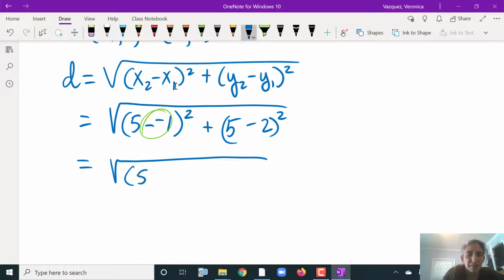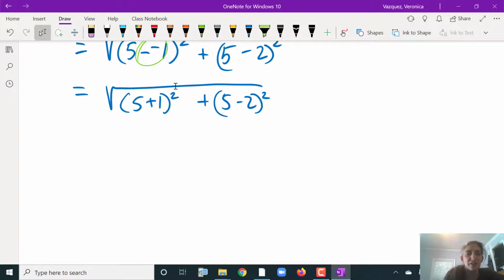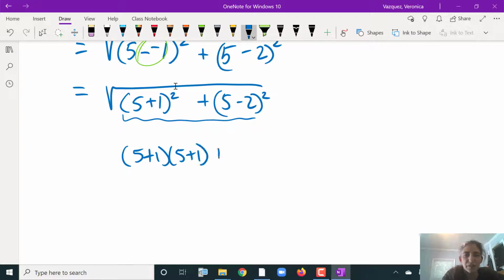So we can rewrite this as (5 plus 1) squared plus (5 minus 2) squared. Okay, so I saw that some of you did something very clever here, which is, in order to evaluate that inside the square root, you can do this: (5 plus 1) times (5 plus 1) plus (5 minus 2) times (5 minus 2).